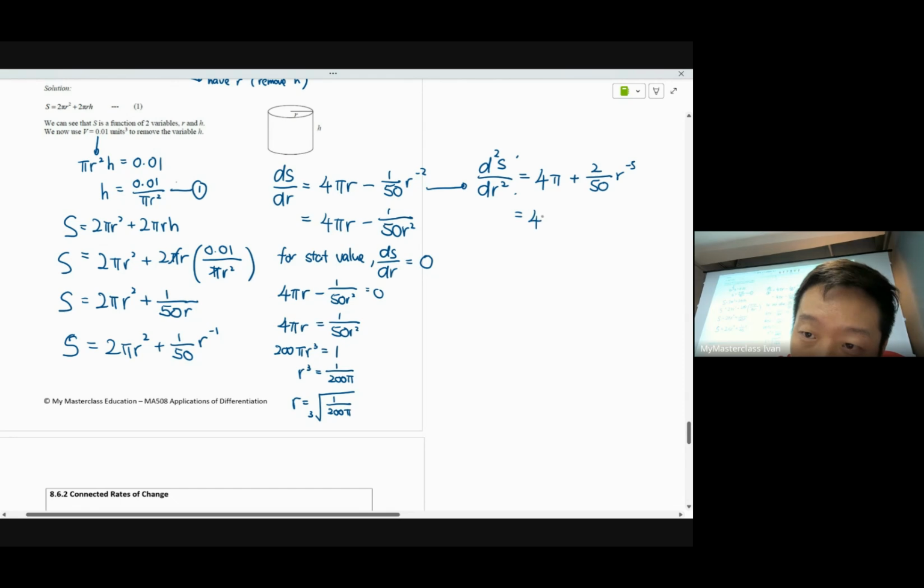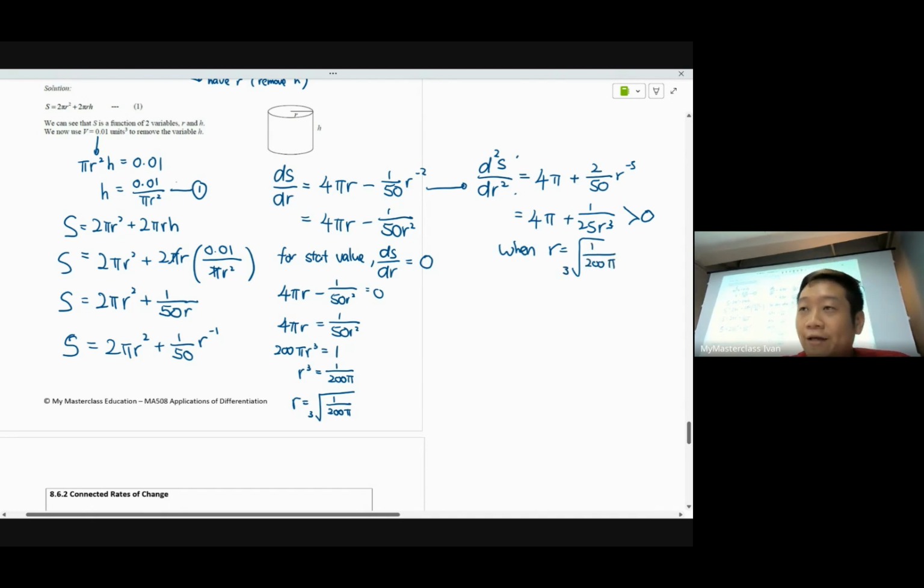This is 4 pi plus 1 over 25 r cube, which will always be positive when r is positive. You must say when r, because your r is positive. This is exactly how you write the working.